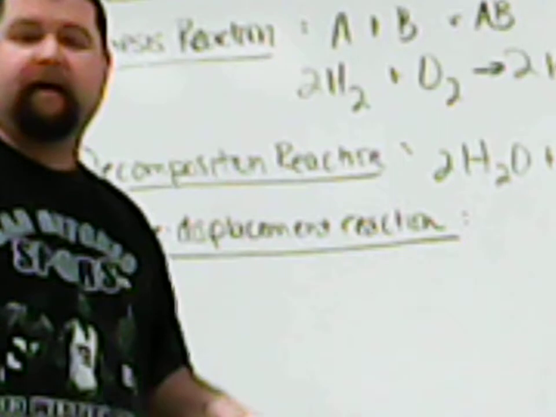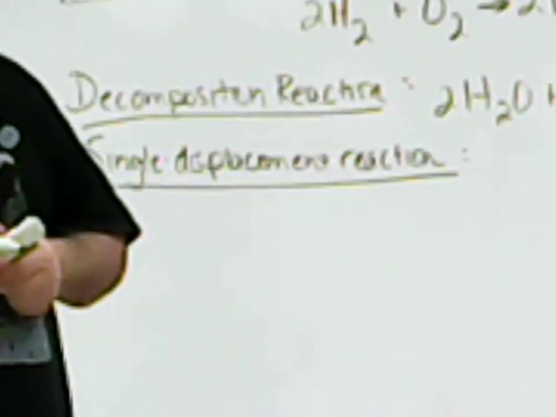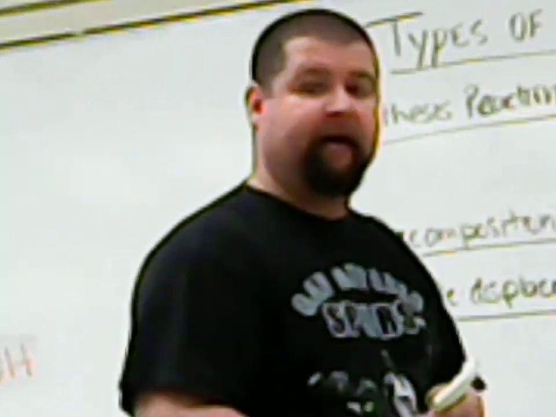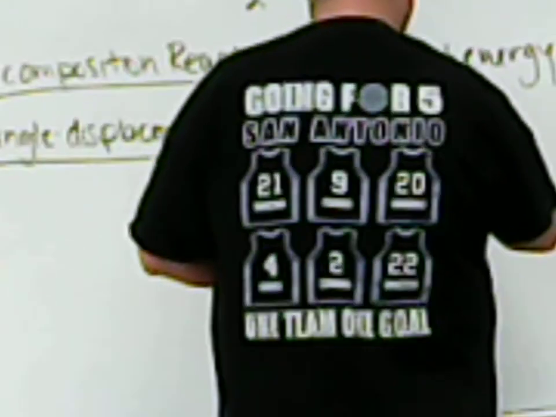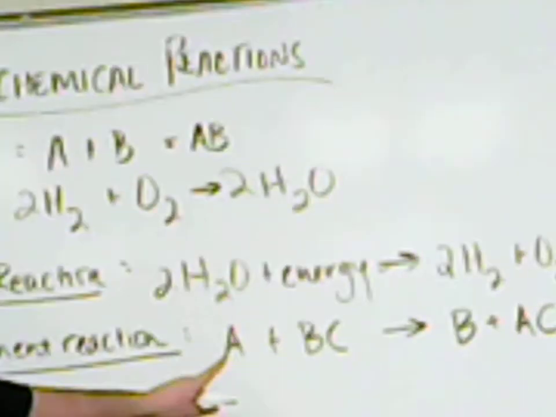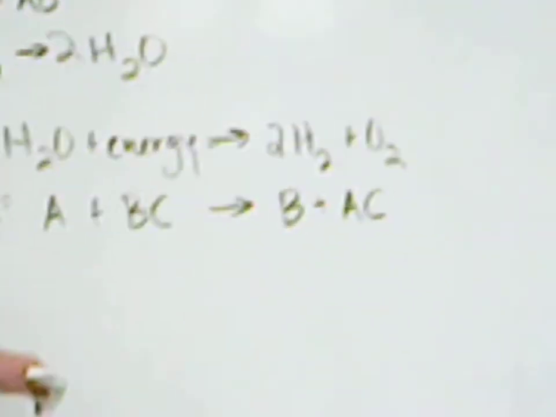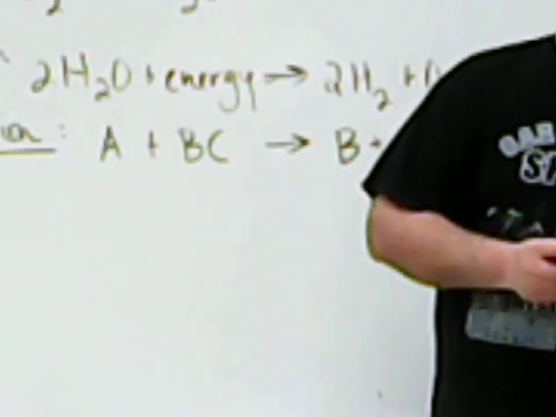As the name infers there, we're going to have one element take the place of another element in the compound. Something like that. In this case, the A has replaced the B in the compound. A plus BC yields B plus AC.